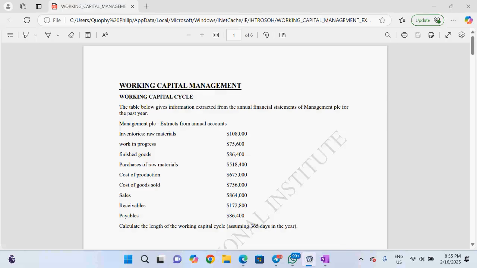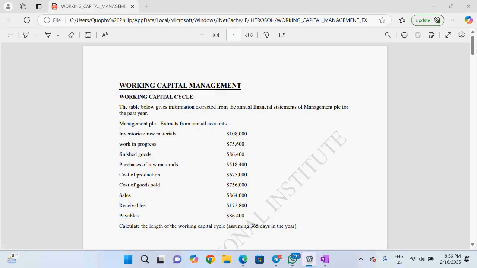Extracts from annual accounts: inventories, raw material $108,000, work in progress 75,600, finished goods 86,400, purchase of raw material 518,400, cost of production 675,000, cost of goods sold 756,000, sales 864,000, receivables 172,800, payables 86,400.